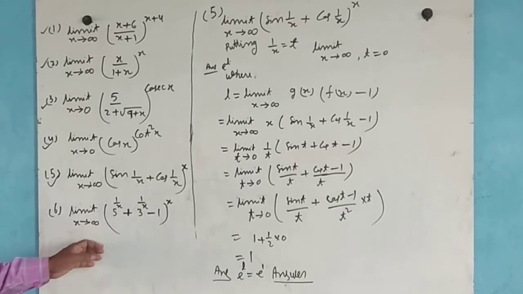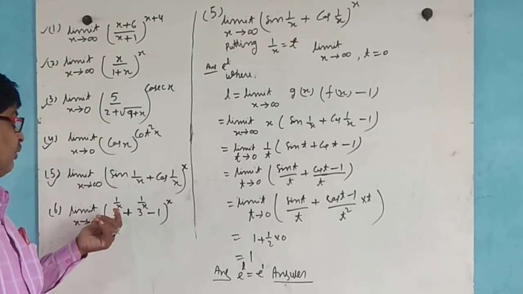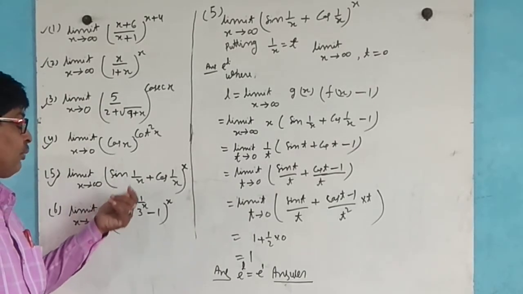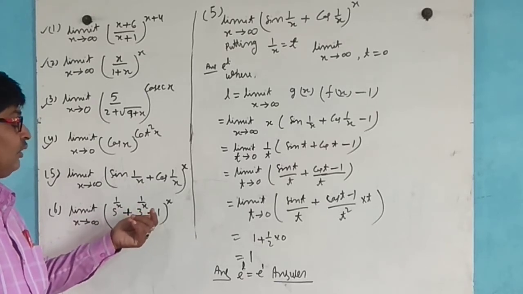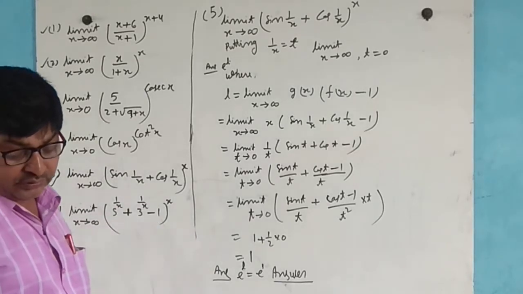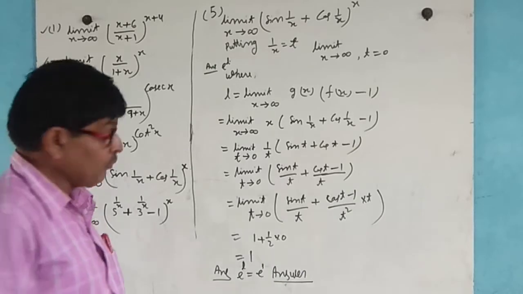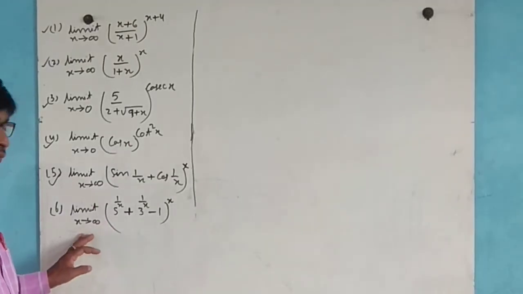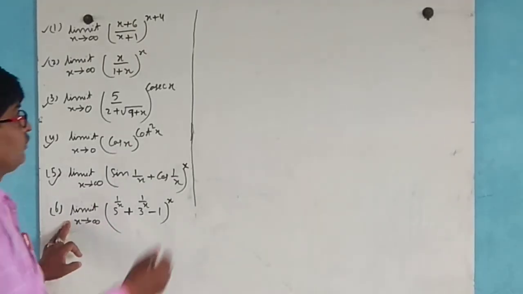Limit x tends to infinity of (5 to power 1 by x plus 3 to power 1 by x minus 1) to the power x. Now next question 6.